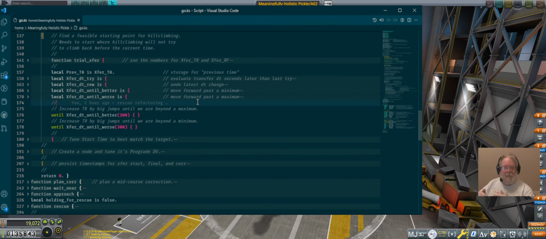I don't want it to hill climb so far into the past that I can't start my burn in time. For instance, if it says my best time to do this was 10 minutes ago, we're out of luck. So what I do is I start rolling time forward 5 minutes at a time until the error gets better.